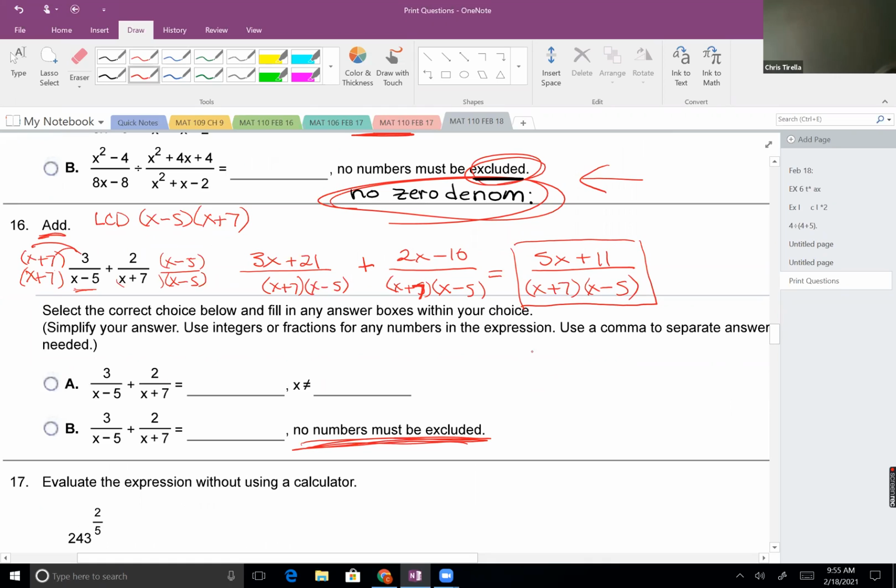I have to remember that the denominator can't equal 0. So if x minus 5 equals 0, I get 5. So x cannot equal 5. And if x plus 7 equals 0, I get x equals negative 7. So x can also not equal negative 7. So this would be my answer, and I have those values to exclude.